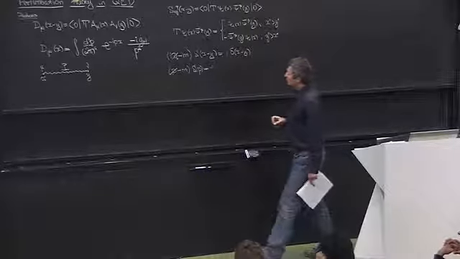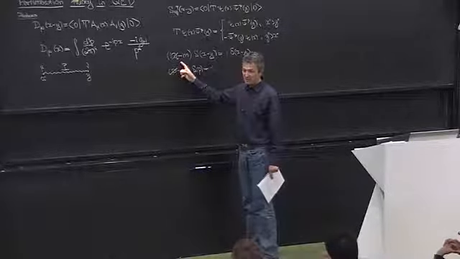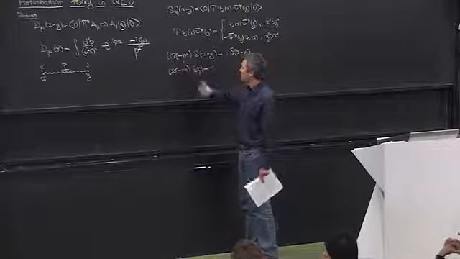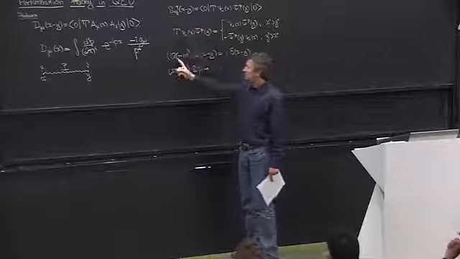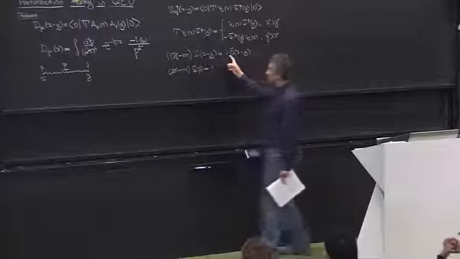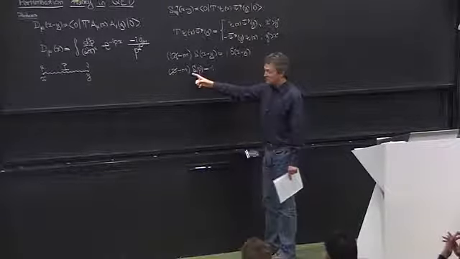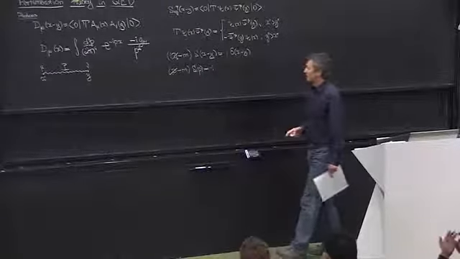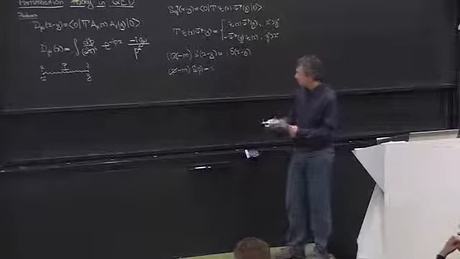I don't write indices here, but it is understood that the Dirac operator is a matrix, a 4x4 matrix. S, as you see, is also a 4x4 matrix. And so this is a matrix equation with the unit matrix on the right-hand side. So to find this, we need to invert a 4x4 matrix.